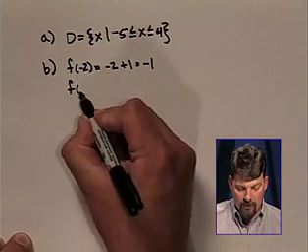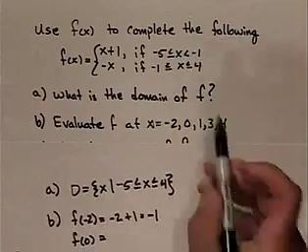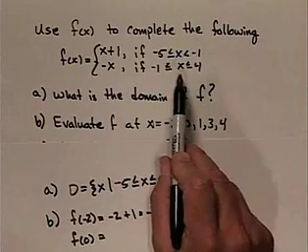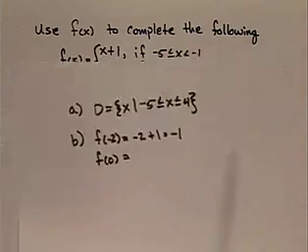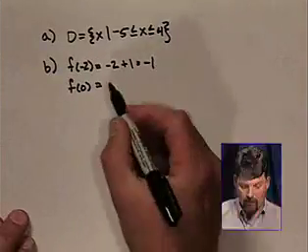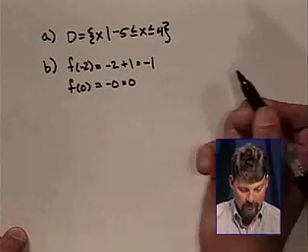Now f of 0, again we'll go back to the function real quick and look, where is 0? 0 is on this interval, and so for that x value, f of x is equal to -x, so f of 0 would equal -0, which is of course 0.